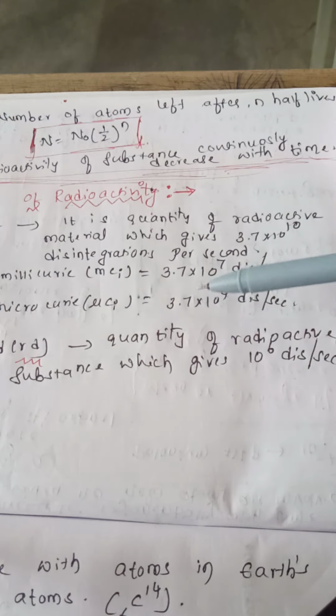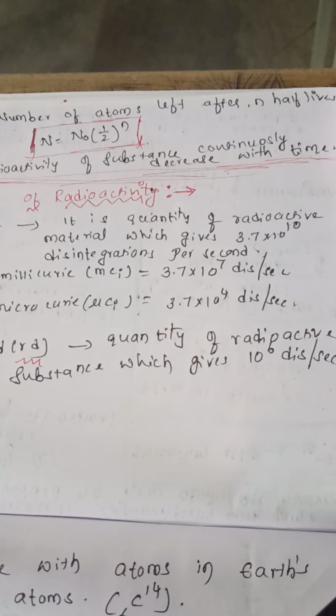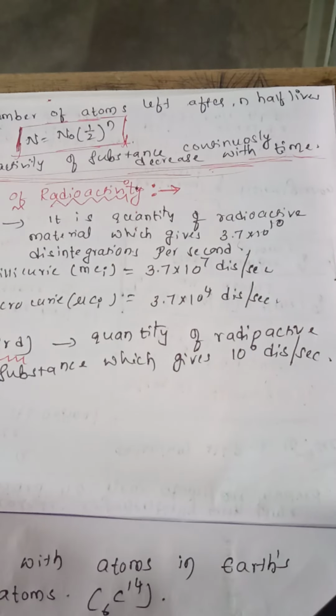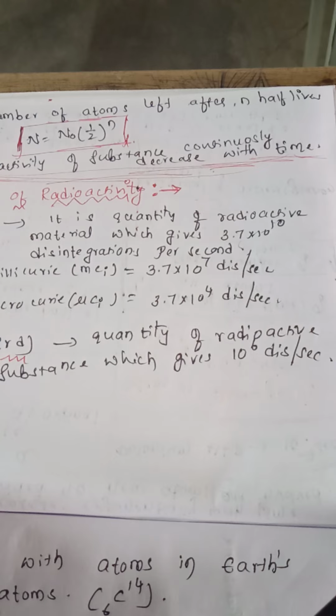Micro means 10 to the power of minus 6, so 1 microcurie equals 3.7 into 10 to the power of 4 disintegrations per second. Another unit is the Rutherford, denoted by Rd. It is the quantity of radioactive substance which gives 10 to the power of 6 disintegrations per second.